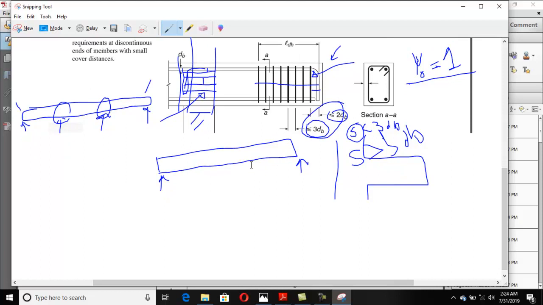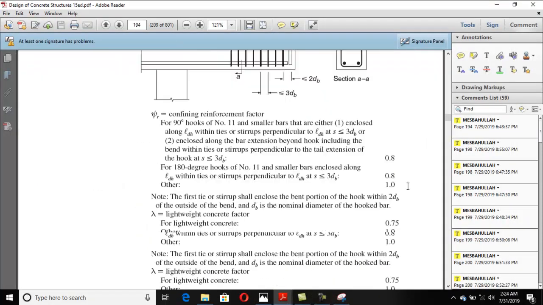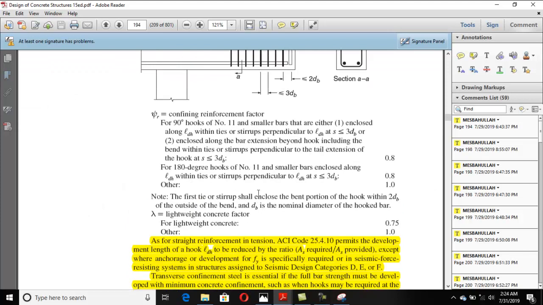Now we discuss this psi r factor. What is the psi r factor? It is a little bit of a confusing term, so let's see what this is. This is the psi r factor, called the confining factor. For a 90-degree hook with number 11 bar and smaller, enclosed along its development length within ties or stirrups perpendicular to the bar, with spacing less than 3 dB, or enclosed along the bar extension beyond the hook including the bend within ties or stirrups perpendicular to the tail extension.